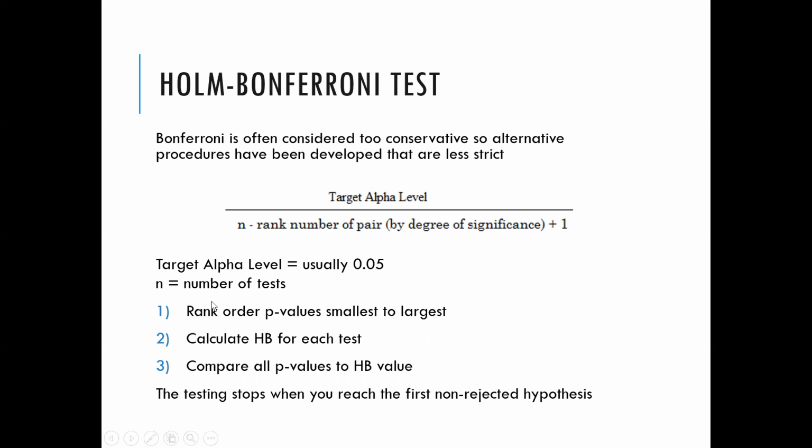What we would do is rank the p-values from smallest to largest, and then calculate the HB value using this equation for each test, and then compare each p-value to the HB value. The testing would stop once we reach the first non-rejected hypothesis.